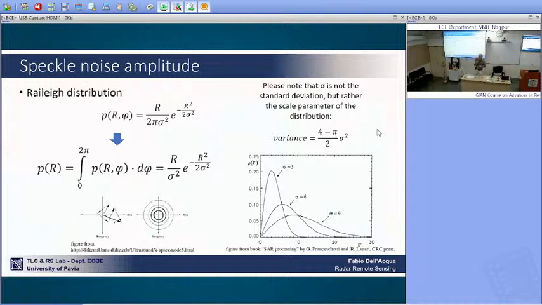This is to say that if I want to distinguish, for example, between plowed soil and thin vegetation, I have to look here. Now, what's the problem? What is the problem that you see here? I already mentioned that.